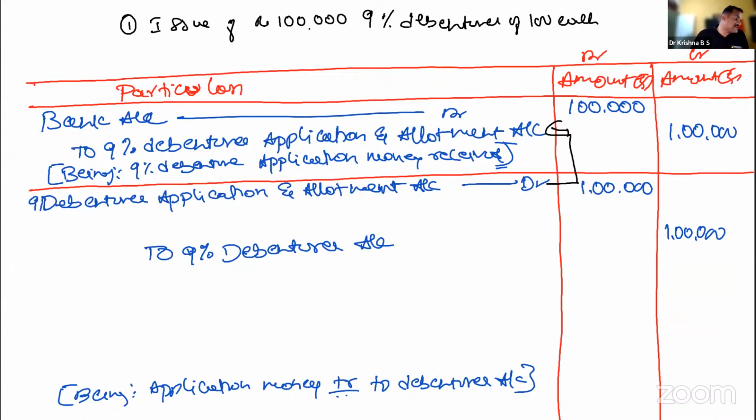Issue of rupees 1 lakh, 9% debentures of 100 each at a discount of 5% and redeemable at par. At a discount of 5% redeemable at par.